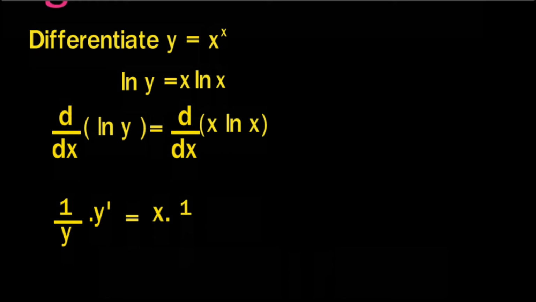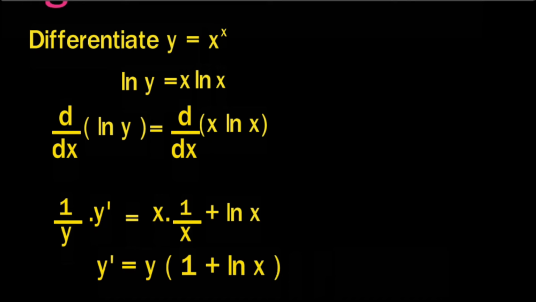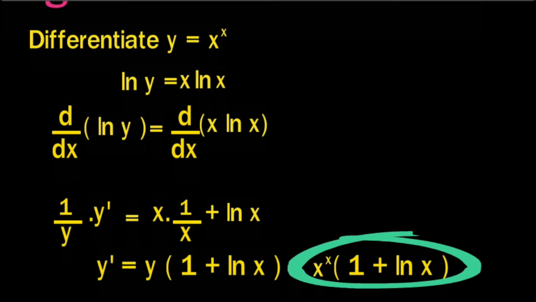So we get ln x plus x times 1 over x, which is 1 plus ln x. We move the y to the other side, and y is x to the power of x. So y prime, the derivative of y, will be x to the power of x times (1 plus ln x). So this is the answer.